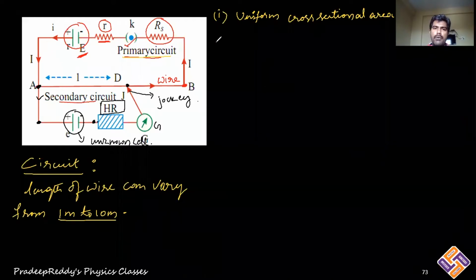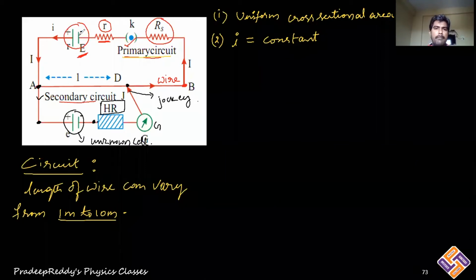That's point number 1. Point number 2, here we are connecting a standard EMF. Standard EMF potential will always remain the same, that is E. It should not vary because I should be maintained constant in the primary circuit. I is constant. In order to maintain I as constant, the standard EMF battery will not be changed.